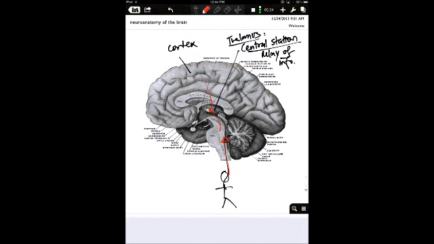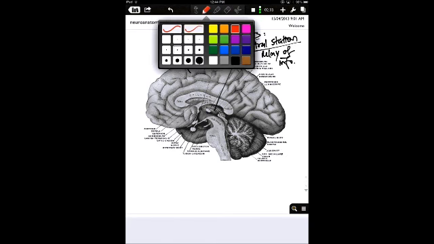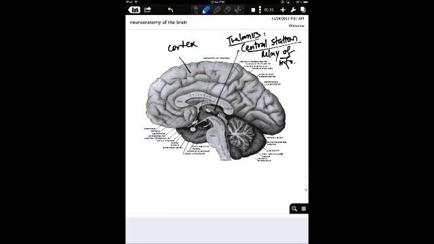Now, what happens with other parts of your brain? So, for example, let's talk about the hypothalamus. The hypothalamus is a pretty complicated area. This area here, right? That's the hypothalamus.